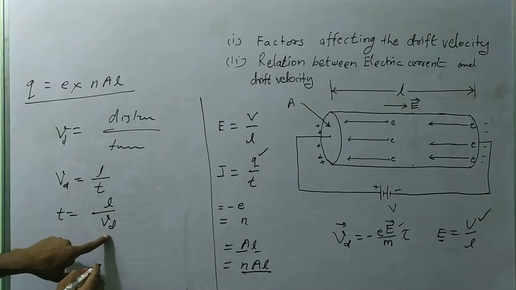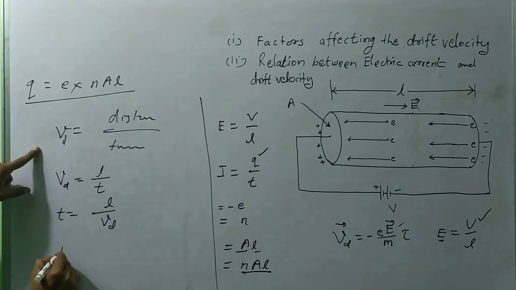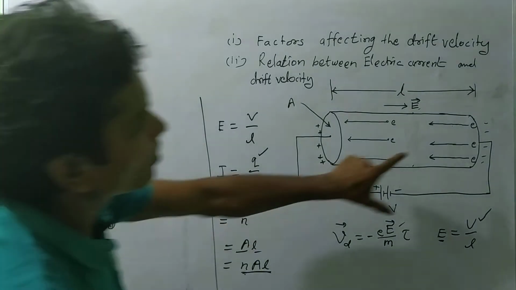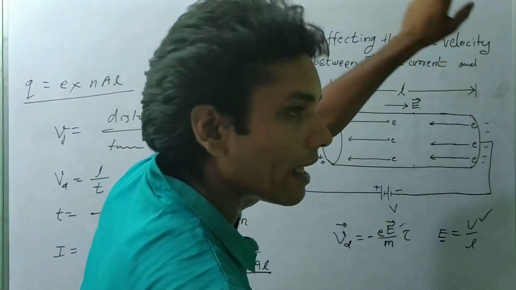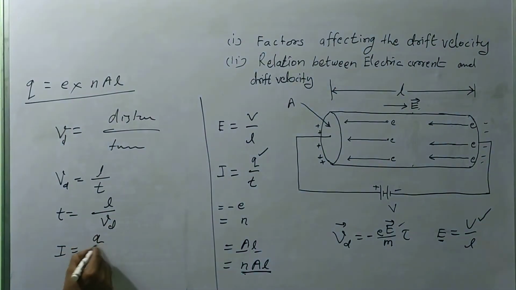Now the current I flowing through the conductor of length L will be Q upon t.